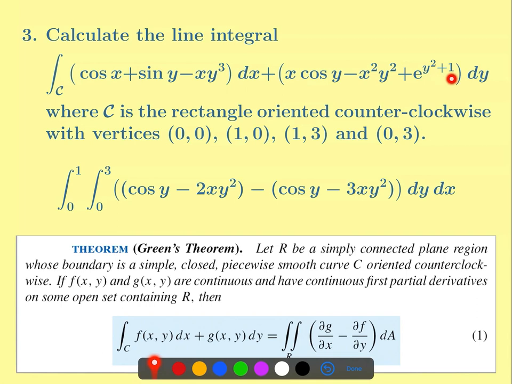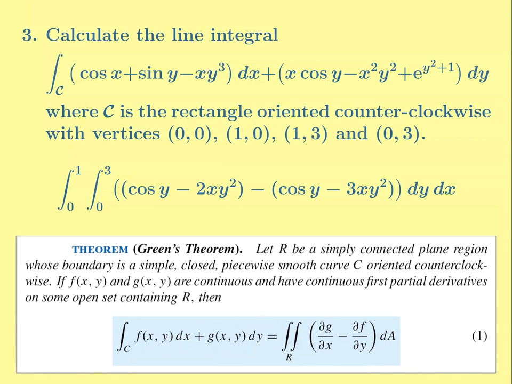So the derivative of this with respect to x, which was this, minus the derivative of this with respect to y. So that's what Green's Theorem is telling us, that I can rewrite this line integral as a double integral over the region that's enclosed by C. And we get that for our double integral. So let's calculate this. Need some room, but we don't need Green's Theorem anymore. We used it.